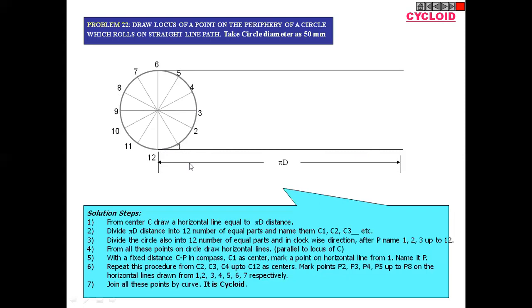You have to divide this directing line, which has a dimension equal to the circumference, into n parts, which you have already done. Then draw the horizontal line from each division, from 1 to 12. You have to draw these horizontal lines like this.